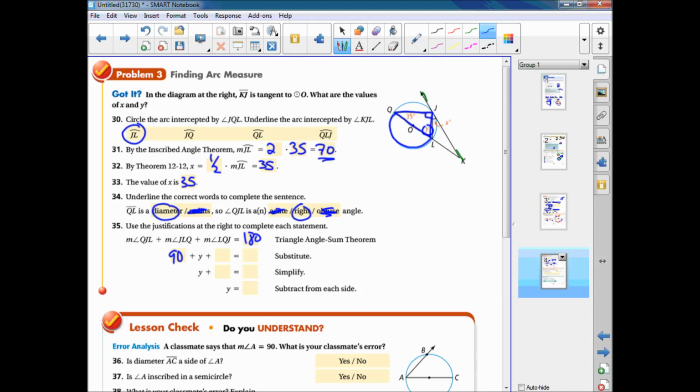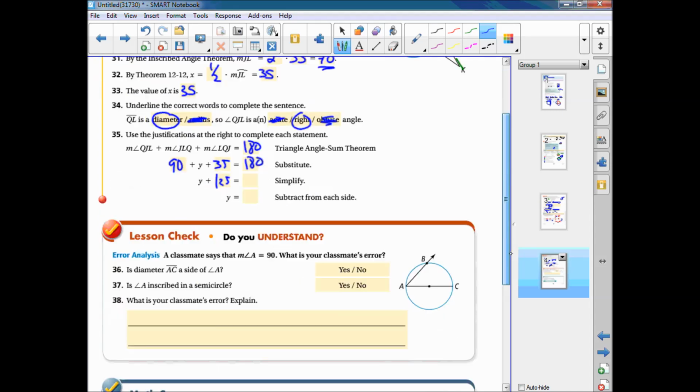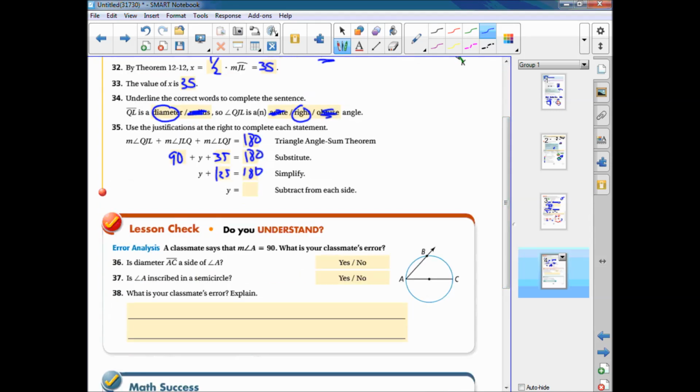And LQJ is going to be 35. That was given to us already. That's this one. So we had a 90, a 35, and an unknown Y in here. All right, so we can combine the 90 and 35 to make 125, and then subtract 125 from both sides to get 55 degrees for Y.